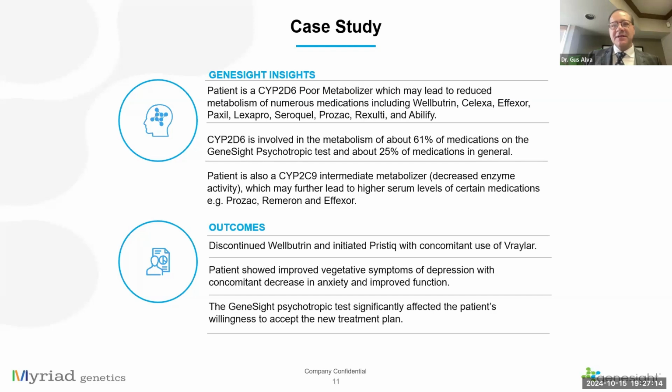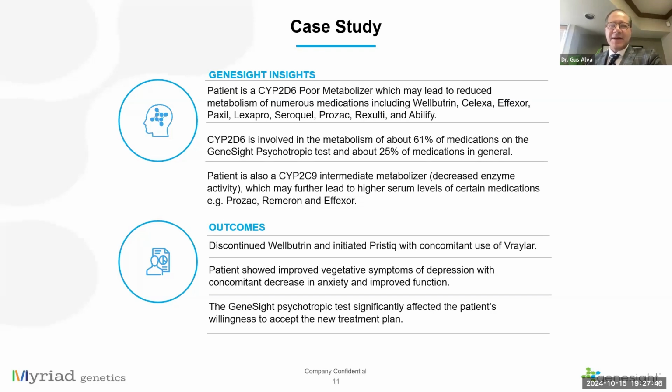And as a consequence of that, we had a really good outcome because, in fact, the patient did improve. His vegetative symptoms diminished, and it also helped with some of the concomitant anxiety that he was having. And ultimately, the most important step was getting better functionality, right? It's one thing to say we're going to reduce your PHQ-9 scores or your MADRS scores or your HAM-D scores or your whatever scores.